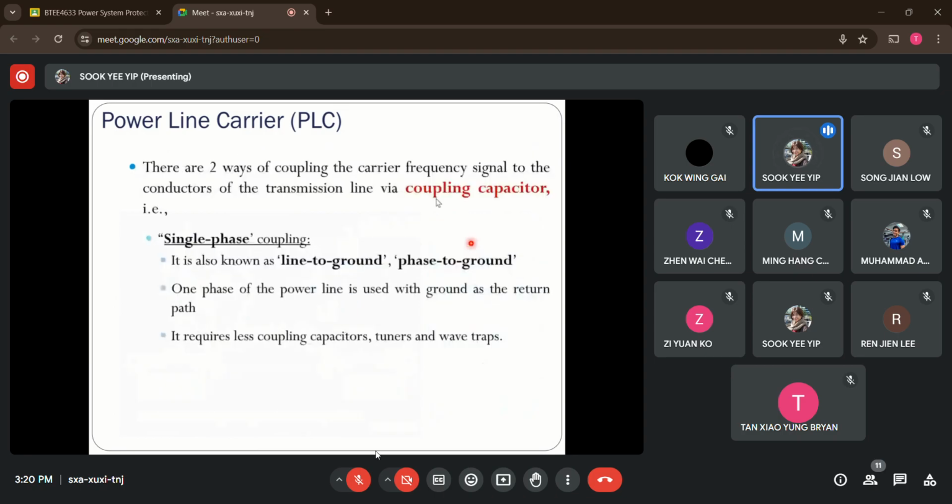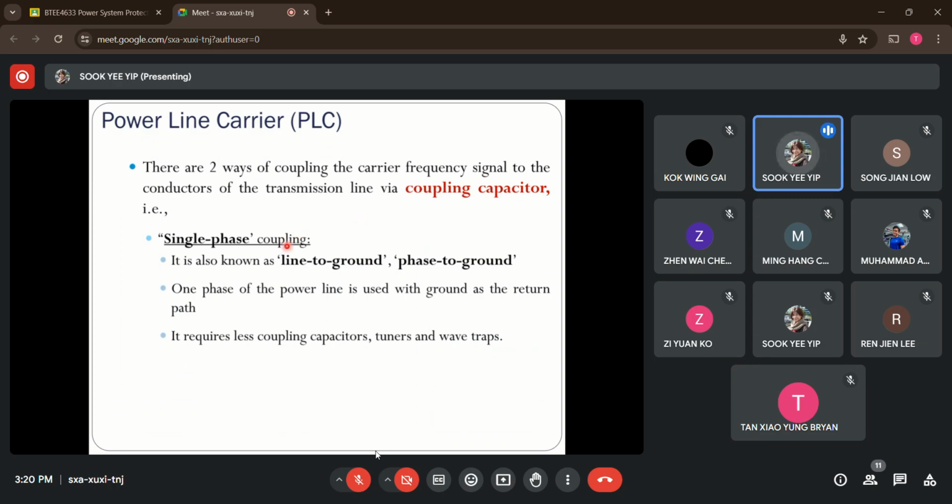Okay, so as we know right now, the high frequency signal, which is the data you want to exchange between the ends of the line, will be superimposed onto one or more transmission line conductors for the purpose of communications. Let's say we are talking about power line carrier. There are two ways for us to achieve this using the coupling capacitor, which is how the signal is injected into the transmission line.